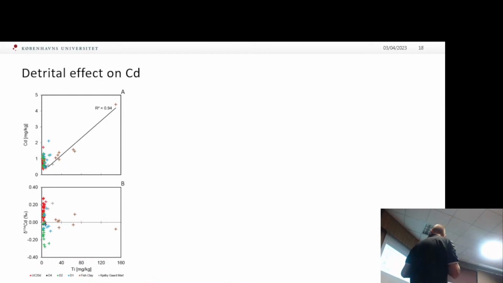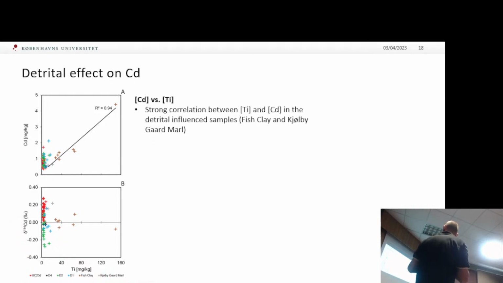And the detrital effect is also plotted here with cadmium against titanium and cadmium isotopes. You can see there's a strong correlation between titanium and cadmium in the detrital influenced samples, which are the fish clay and the Cerithium marl.